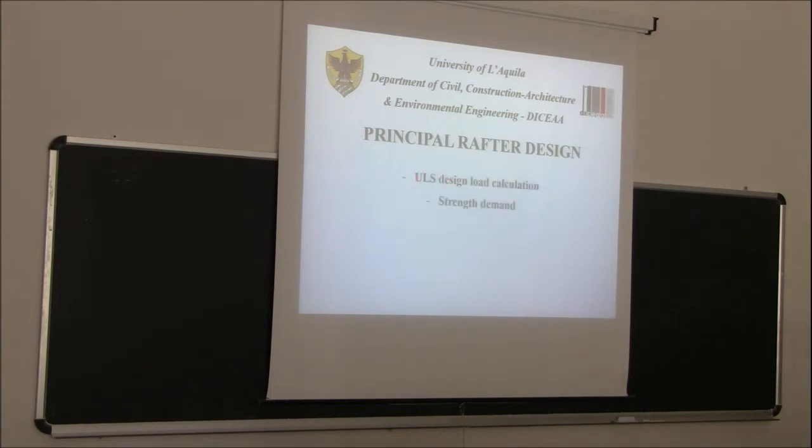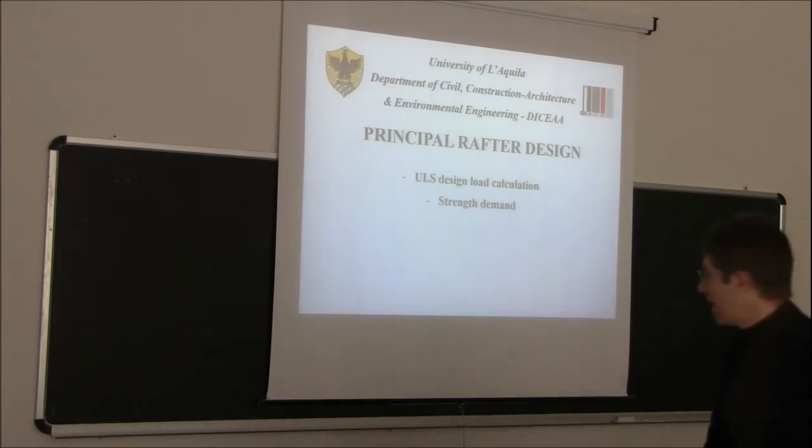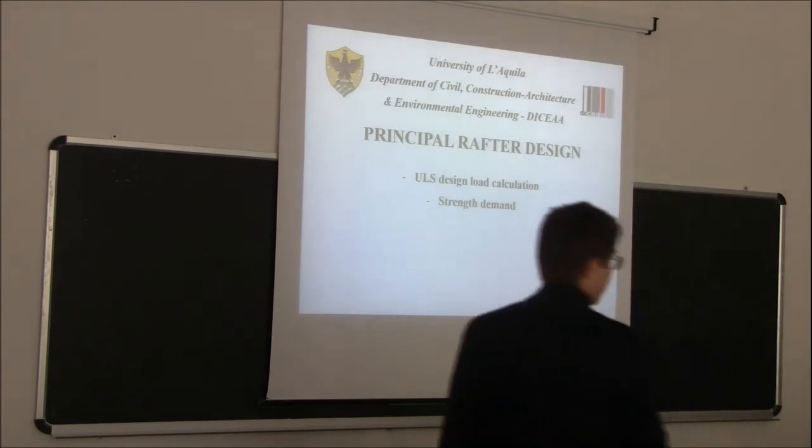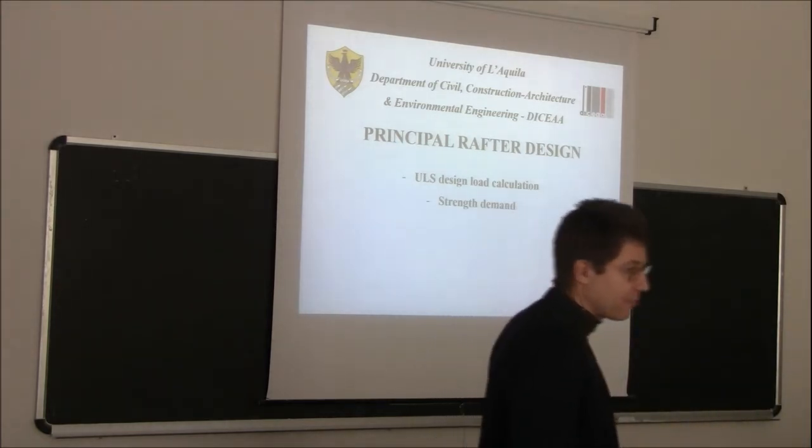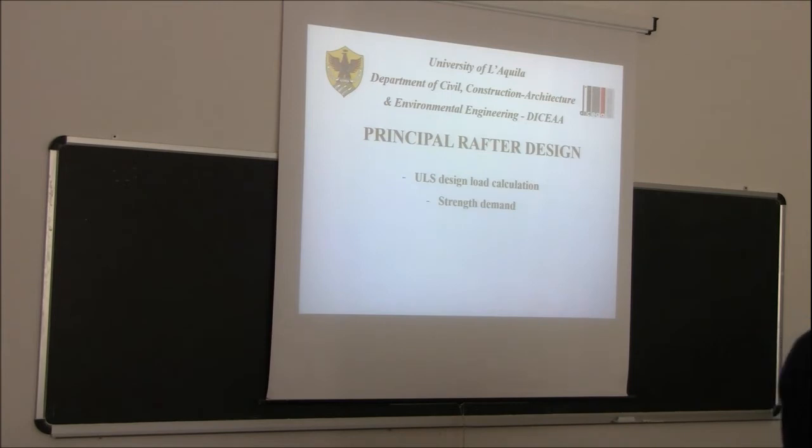First of all, as usual, we will have to calculate the most critical load condition at the ultimate limit state. And then, you remember yesterday we spent a good half an hour at the beginning among 21 different load conditions to find which one is the most critical one. So we can do it again today, but of course now it's easier because we know how to do it, so it's not a matter of losing too much time.